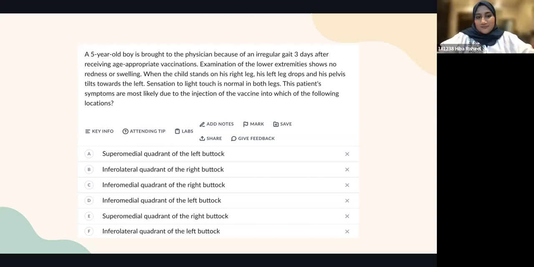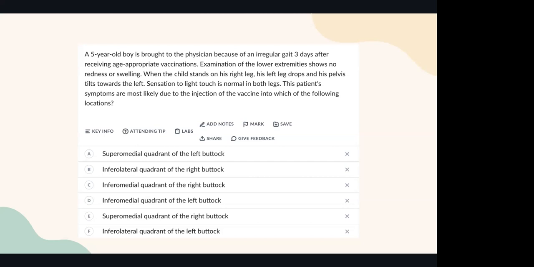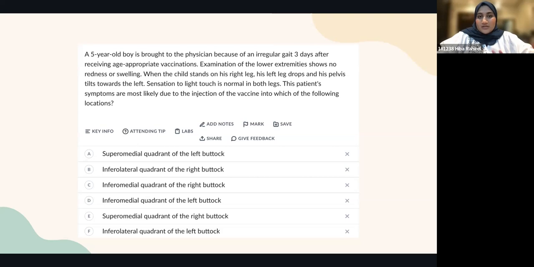Yeah. So I think it's inferior, so like it's in the inside. Okay, so usually for the vaccination, we basically divide the gluteus into 4 regions, okay? We have the superior lateral, superior medial, then we have the inferior lateral, then the inferior medial, okay?